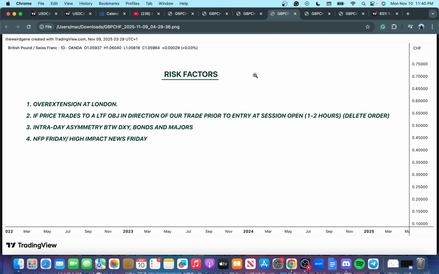So when we have a situation where we're seeing a lack of correlation between assets that are supposed to be closely correlated, like dollar and UST bonds, and of course the majors, USDJPY, Aussie dollar, cable, and the rest of them, when we see a lack of symmetry between them, then that already screams low probability.